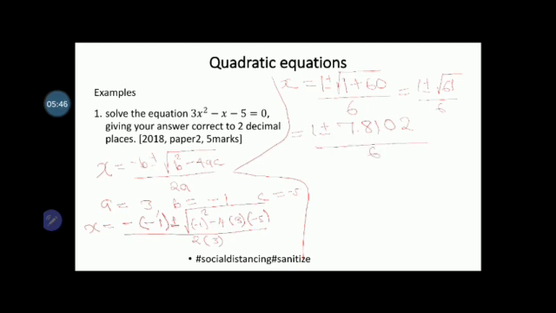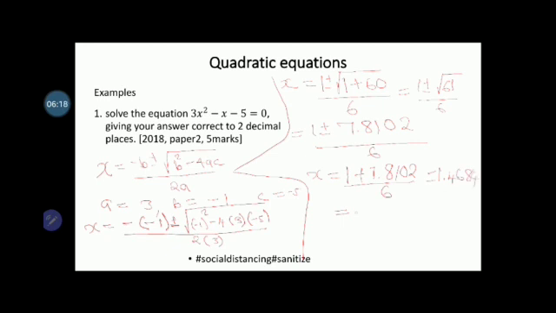Over 6. So what this means is you can get our x by adding or subtracting. So write it down: 1 plus 7.8102 over 6, which is equal to 1.4684.